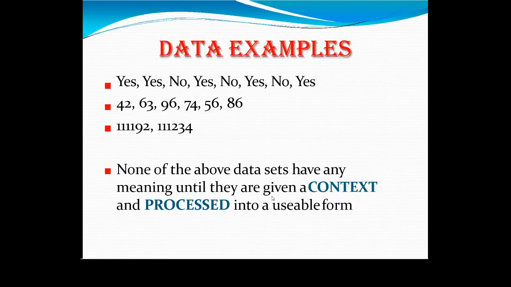Only they are written like this. So these are characters in the form of numbers, letters, some symbols. None of the above data sets have any meaning until they are given a context and processed into a usable form. So these are the data examples.